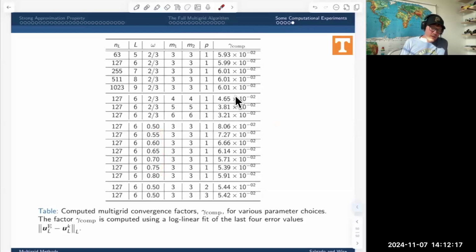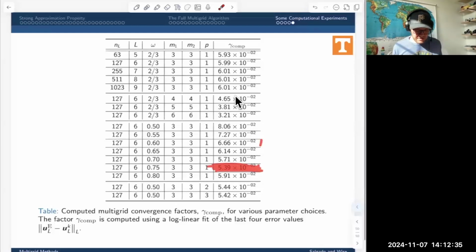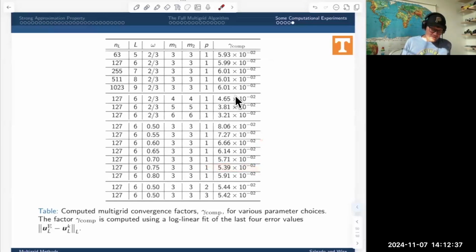Okay, so omega from 0.5 up to 0.8. And what I see is actually, if I do the same number of smoothing iterations each time, so 3 pre-smoothing, 3 post-smoothing, roughly I get the smallest contraction factor right here, 5.3 times 10 to the minus 2, which corresponds to omega equals 0.75.